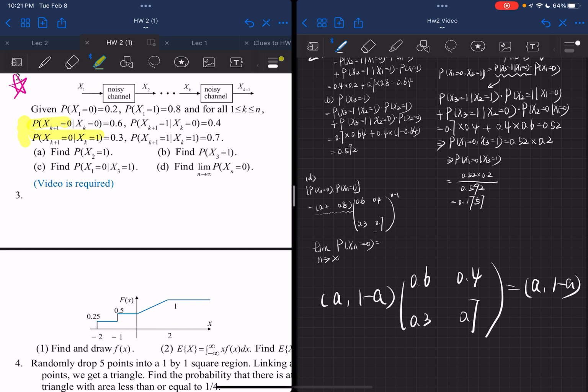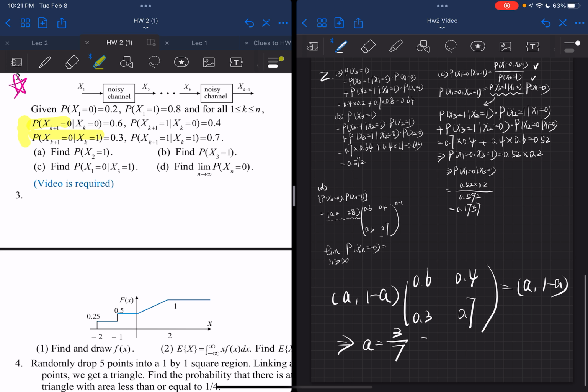We solve this equation and get that a equals 3 divided by 7. So the probability of xn equals 0 as n approaches infinity is 3 divided by 7. And this is for problem 2.